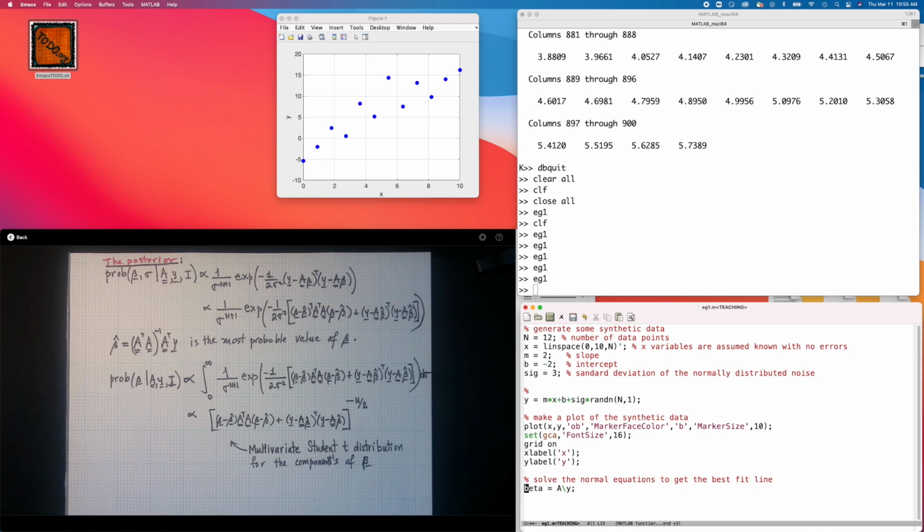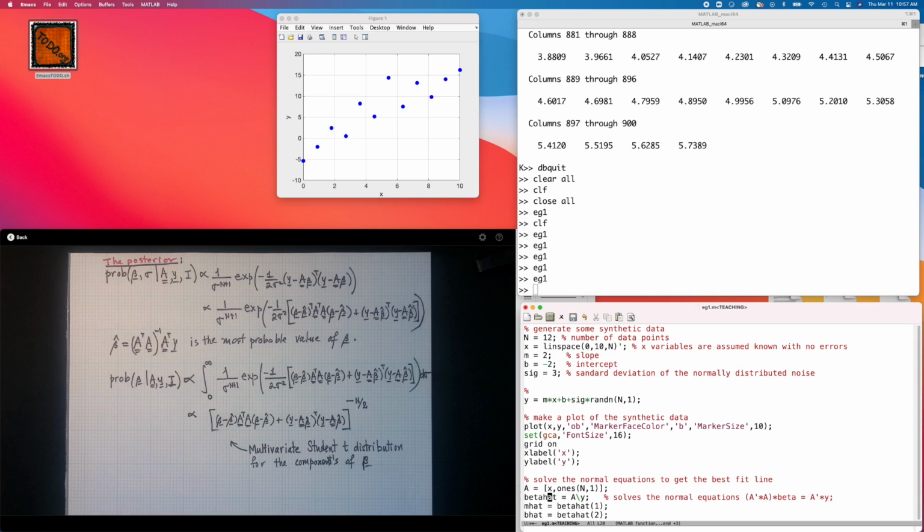So A here will be the design matrix, and it consists of a column of x's and a column of ones. And then this MATLAB backslash here for a non-square matrix will solve the normal equation. And then from this I can get my best fit parameter beta hat.